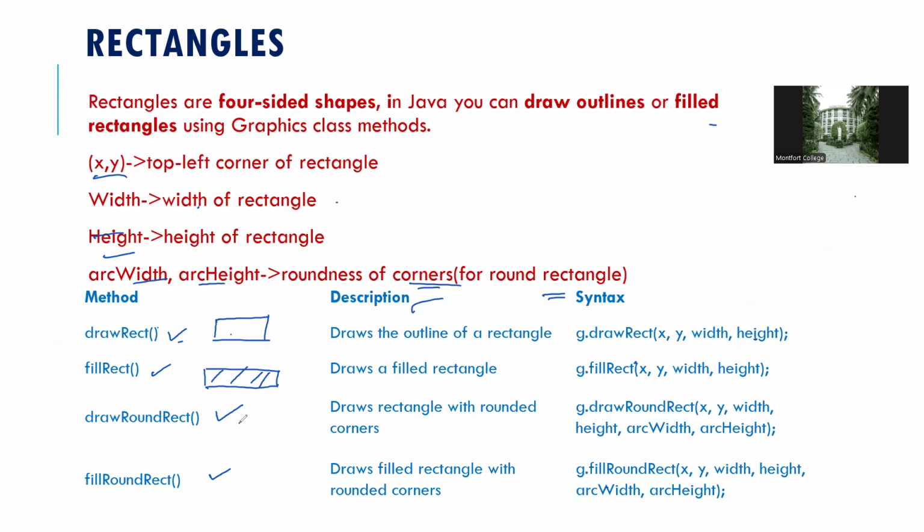Draw round rectangle means we will have output like this, and fill round rectangle means the color will be inside.